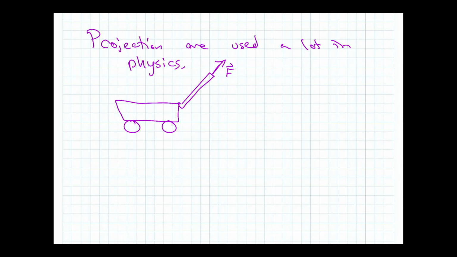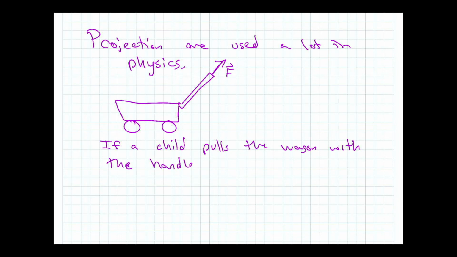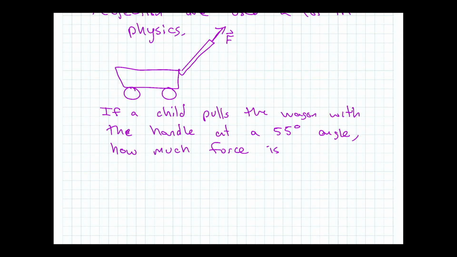And then they say something like, if a child pulls the wagon with the handle at a 55-degree angle, how much force is in the direction of motion, which I didn't draw yet?